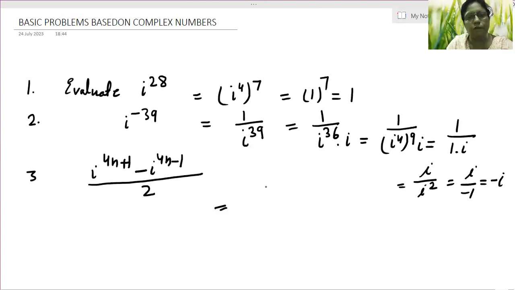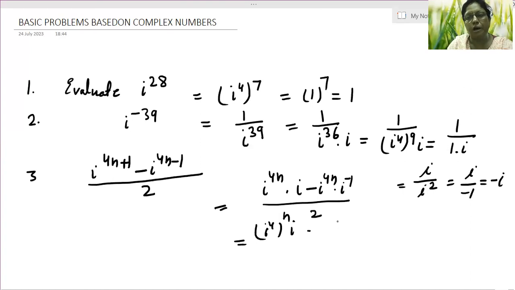So how can you find it? i raised to the power 4n into i, minus i raised to the power 4n into i raised to the power minus 1, upon 2. This is i raised to the power 4 raised to the power n, and this is i raised to the power 4 raised to the power n, into 1 upon i, upon 2.